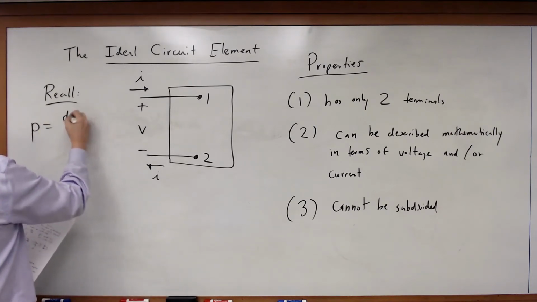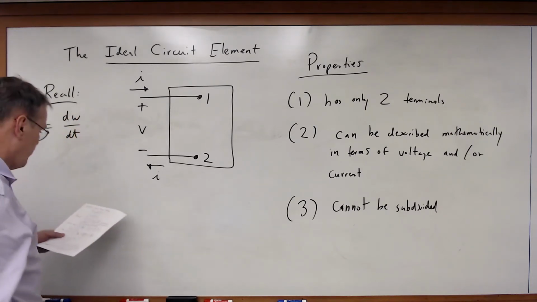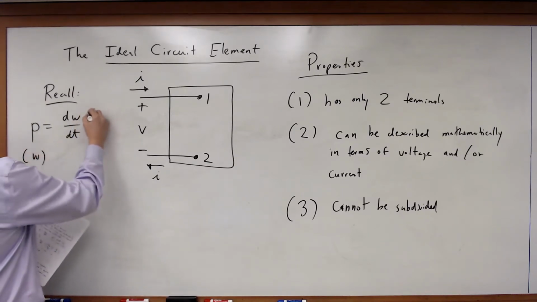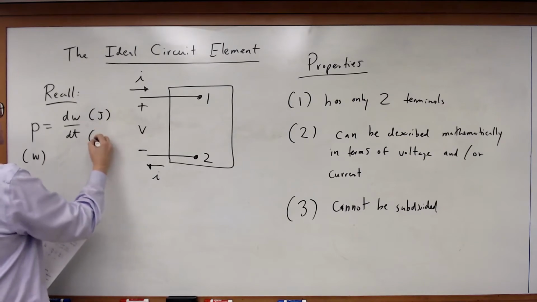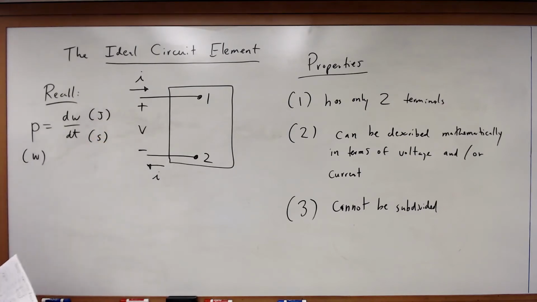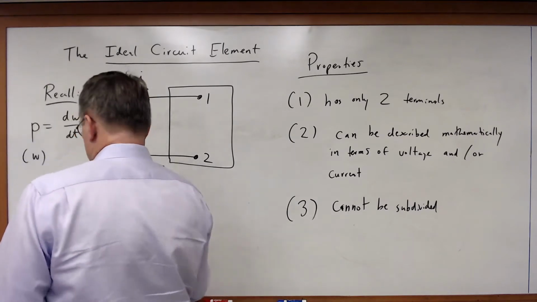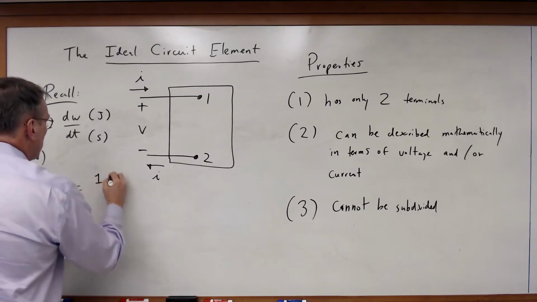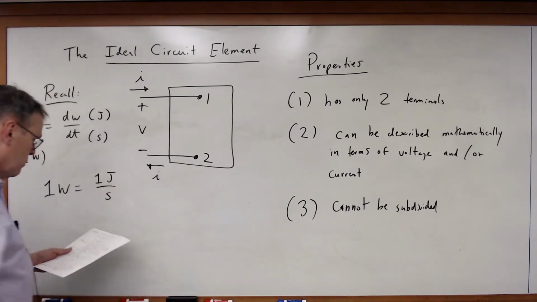P is equal to dW/dt, where power is in watts, energy is in joules, and time is in seconds. We saw that definition before, and 1 watt must therefore be equal to 1 joule per second.